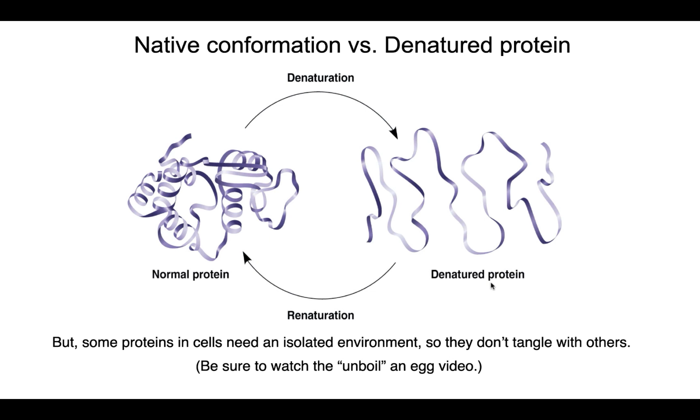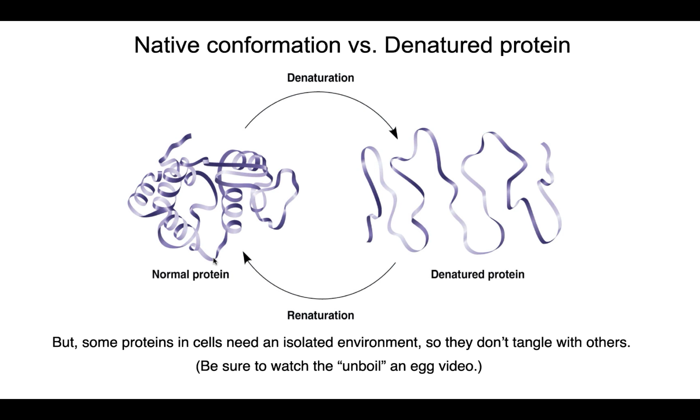But as we know from the Anfinsen experiment, the information in the primary structure is intact, even though it's denatured, and that is enough to allow that protein to renature into its native conformation, assuming you put the protein back into its optimal conditions.